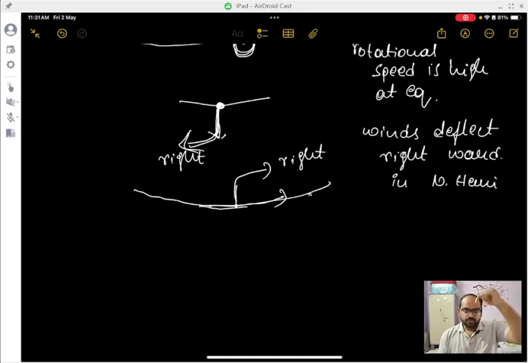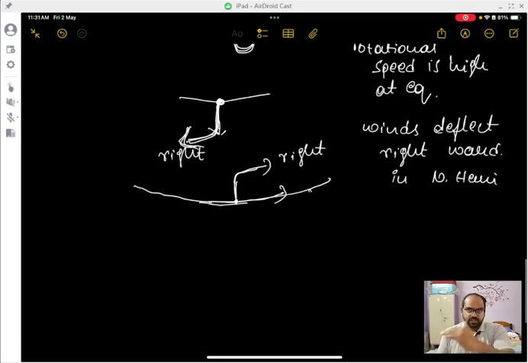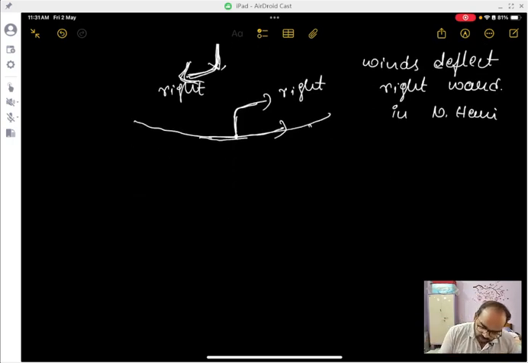So from this perspective, this is the right. Whenever winds travel from equator towards the poles, what happened? The winds deflect again right only, that is ahead of the polar areas. Okay, because the rotation speed is more, it travels much faster, so it deflects rightward or ahead, we say. This is in northern hemisphere.